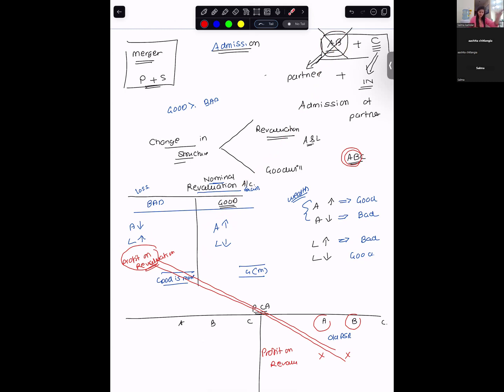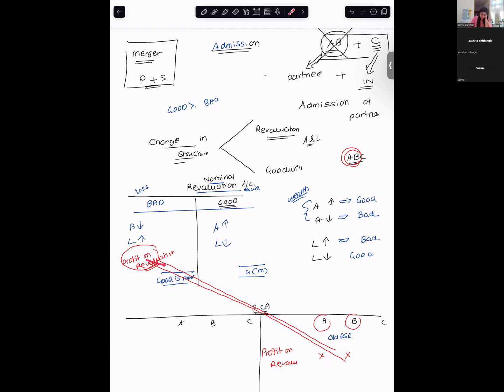Assuming I have a profit on revaluation, where will it be transferred?